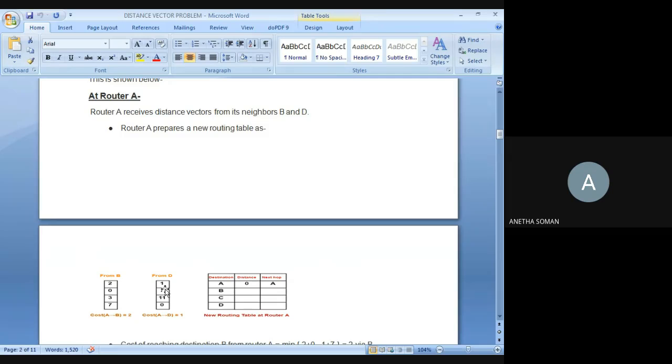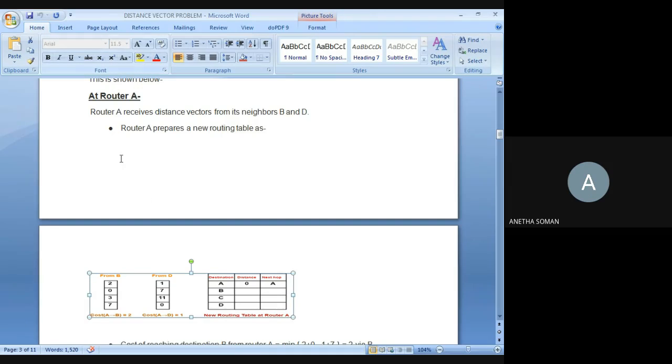You are at router A, you want to reach B, but the neighbors have shared information from B and D. And you know the fixed cost from A to B. That also you have to write under the column. That is from B, the message you are getting, the fixed column.